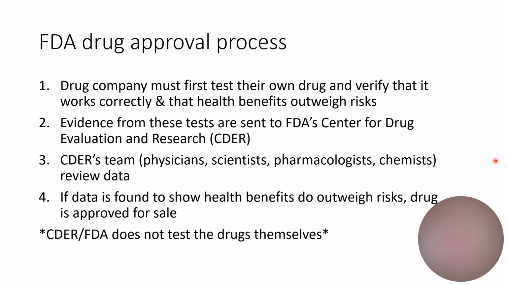Then CDER's team, like doctors, scientists, pharmacologists, chemists, they review the data. If data is found to show health benefits do outweigh the risks, the drug is approved for sale. But keep in mind, the CDER and the FDA do not test the drugs themselves. So they have to go by what the drug manufacturer's data tells them.